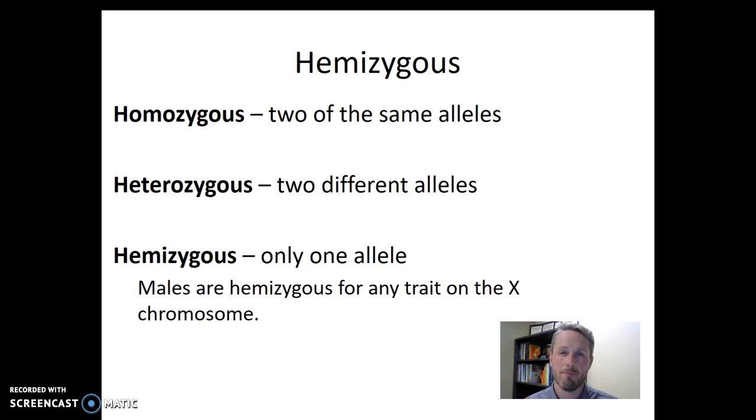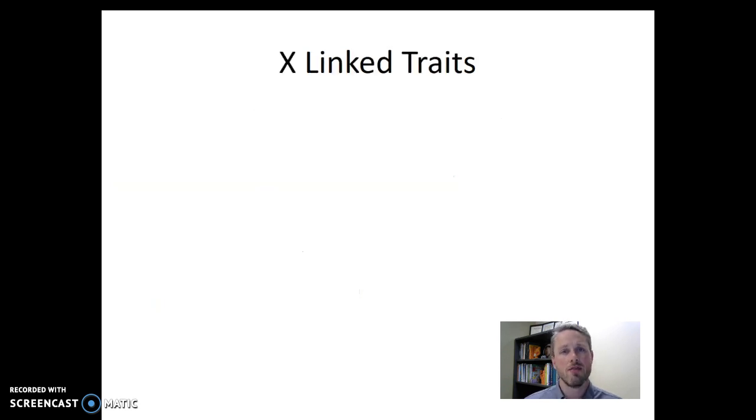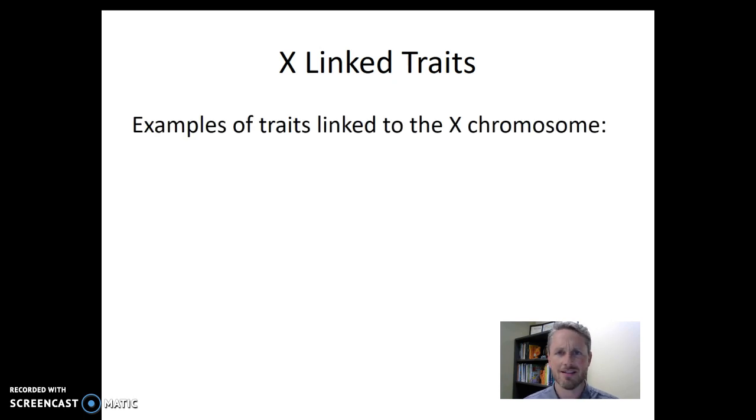So let's think about what that means genetically. All right, so there are traits that are found on the X chromosome. Again, we're going to call them X-linked traits. We might also call them sex-linked traits. Again, that just means that that trait is associated with the X chromosome. So there are several examples.